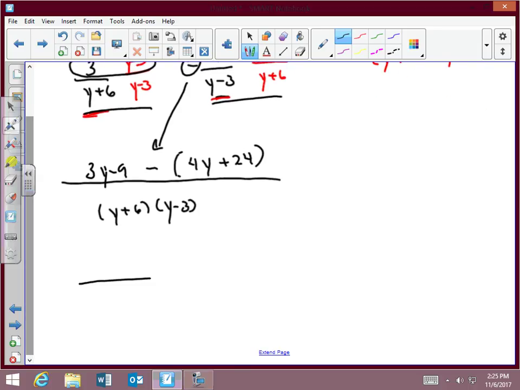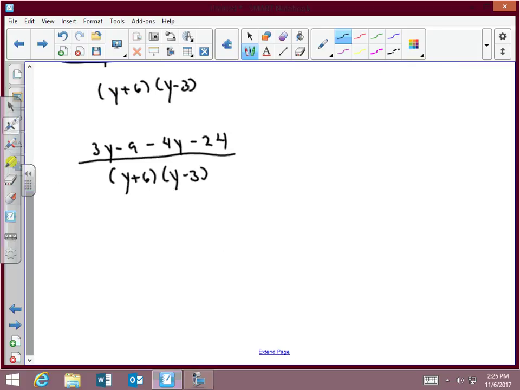So now the denominator is the least common. And my numerator is 3y minus 9 minus 4y minus 24. Still y plus 6, y minus 3 in the denominator, but now simplifying.